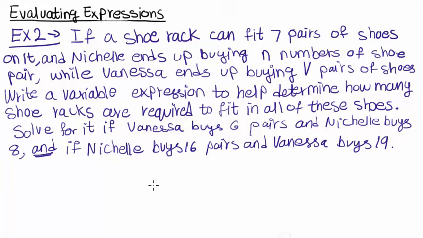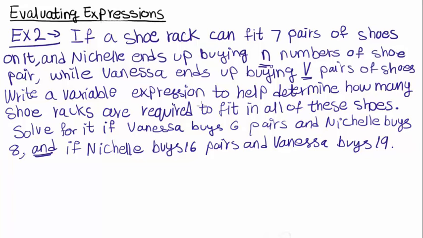So this may seem really complicated, but actually this one will be an easier problem because we don't really need to assign any variables. We are given the variable n to represent how many shoes Nichelle ends up buying, and we are given the variable v to determine how many shoes Vanessa will end up buying.